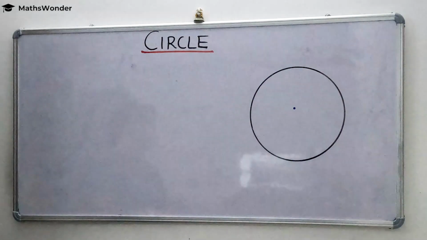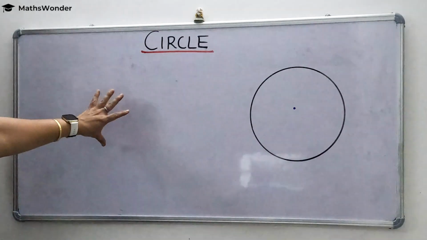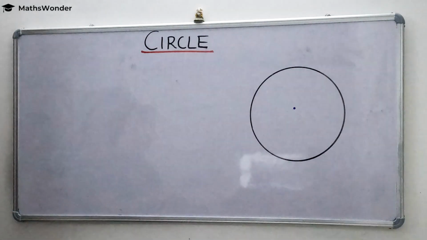All of them resemble a circle, and lots of other things are circular in shape. The circle is the most common geometrical shape which we come across in our day-to-day life.